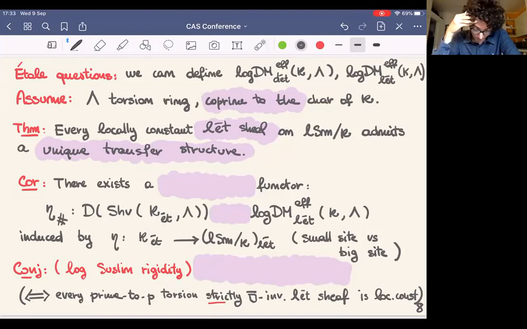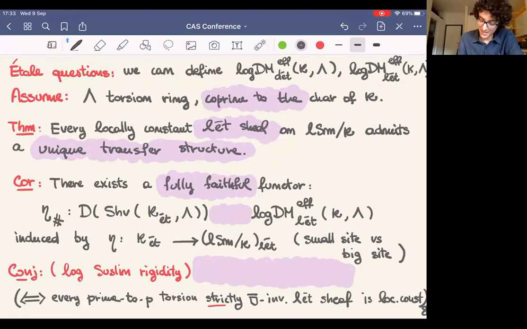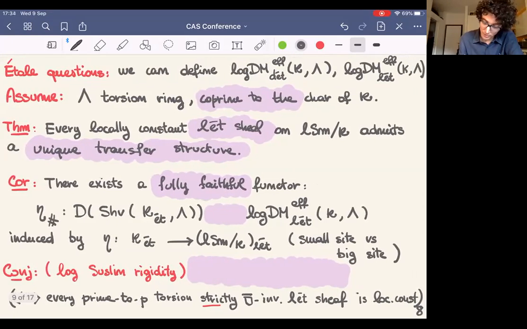So as a corollary, we get a fully faithful functor eta sharp from the derived category of sheaves on the small étale side of K with lambda coefficients to logDM with the log étale topology. And this is induced by the change of site functors from the small side to the big side.